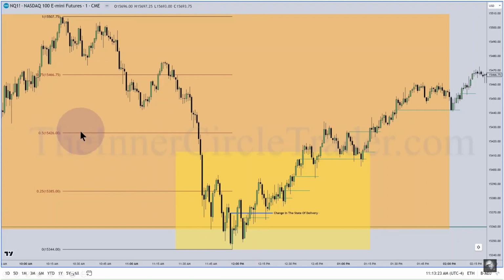That is determined by this level here, which is equilibrium. At that level or below it is what? Discount. At that level or above is what? Premium.